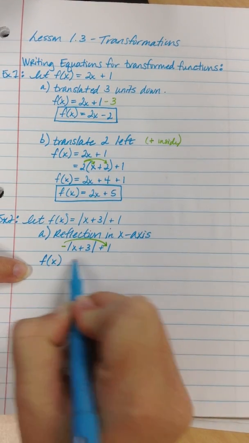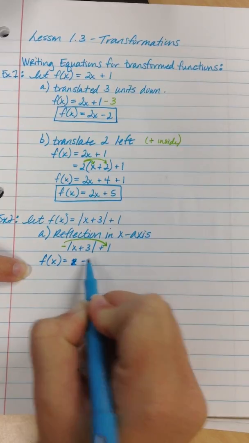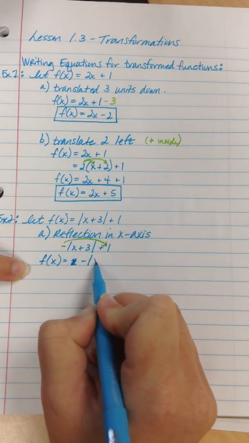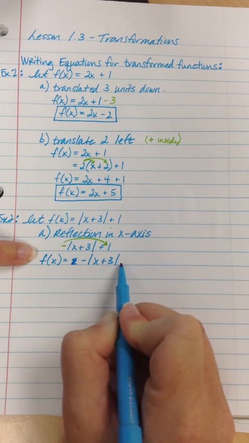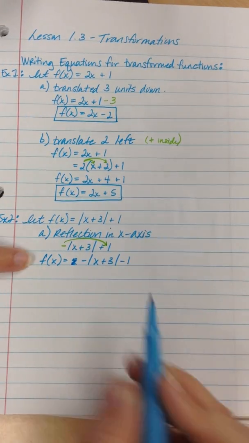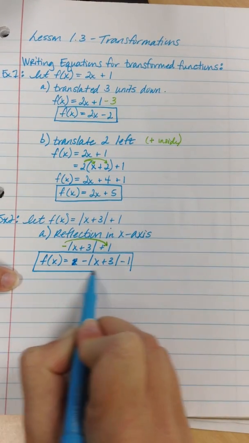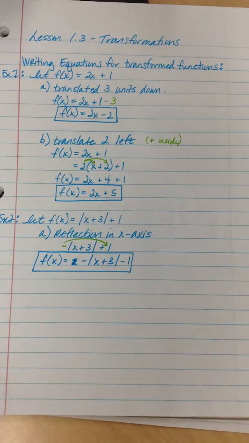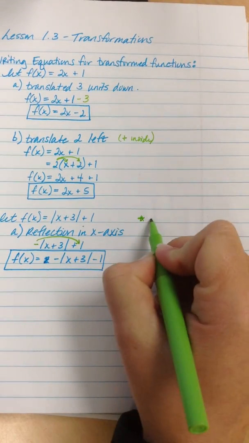So our final answer: negative absolute value of x plus 3, negative times 1, negative 1. Go ahead and write down that note. It's really, really important.